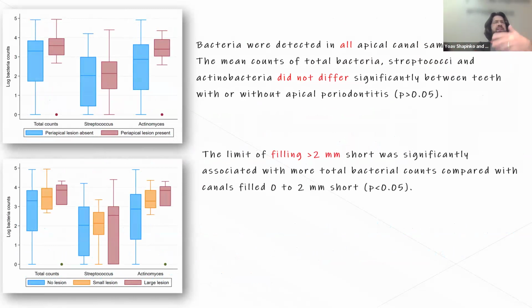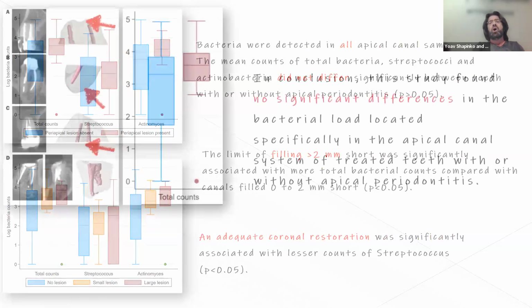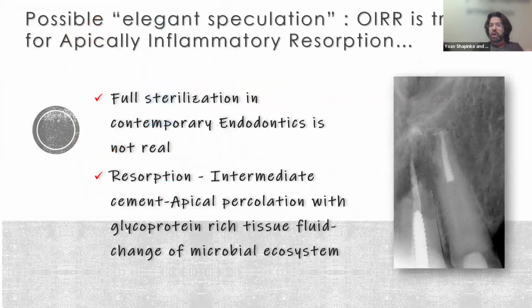Of course, it shows us again the importance of the quality of obturation and of the coronal seal. But again, all the teeth were with microorganisms. And we understand again and again that this situation is very delicate. We have some balance. We must understand that full sterilization in contemporary endodontics is not real.